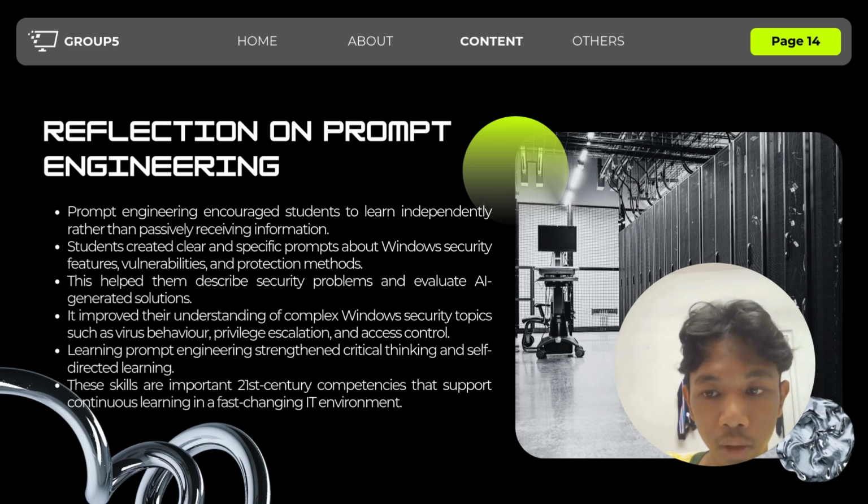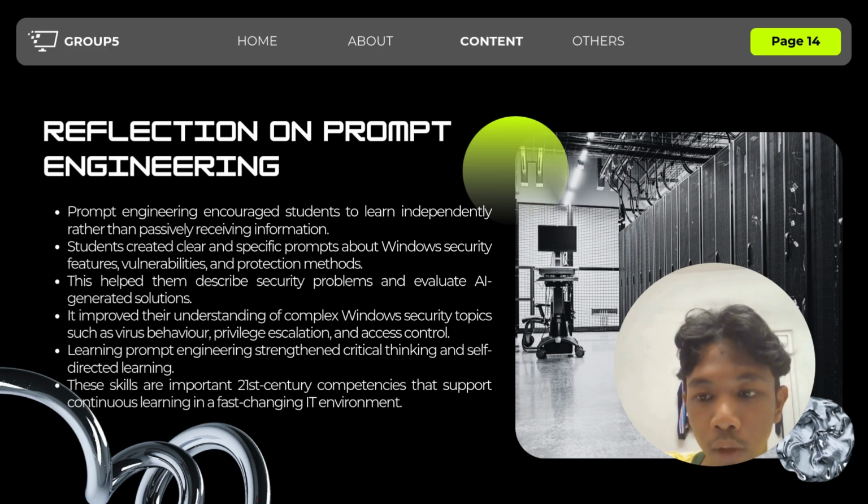Prompt engineering helps students become more independent learners by letting them actively explore Windows operating system security instead of just receiving information. By creating clear and specific prompts about Windows security features, vulnerabilities, and protection methods, students learn to describe problems and assess the usefulness of AI-generated answers.